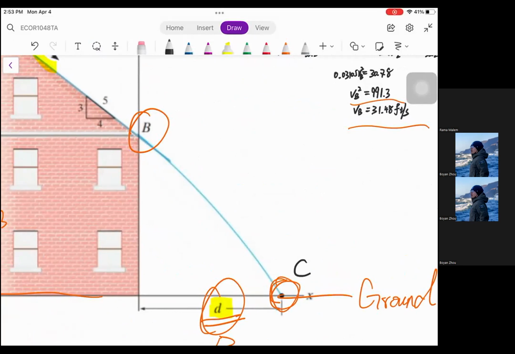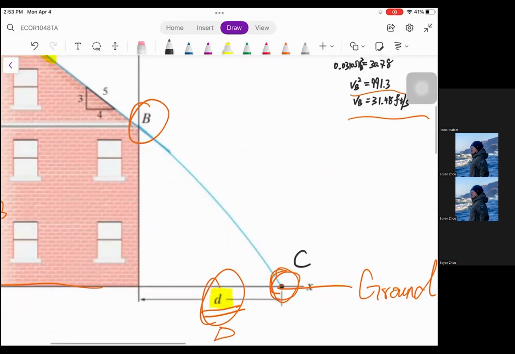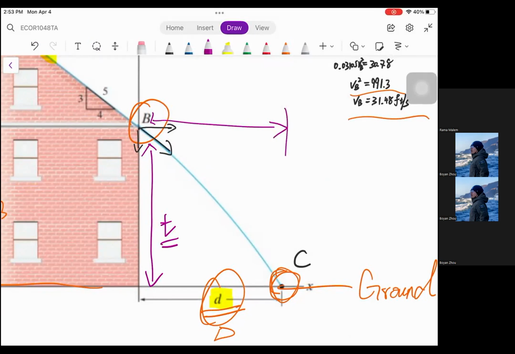We need to know the velocity at location B and separate it into horizontal and vertical components. From the vertical component, we can find how long the brick takes to hit the ground, and use that time to find the horizontal distance.